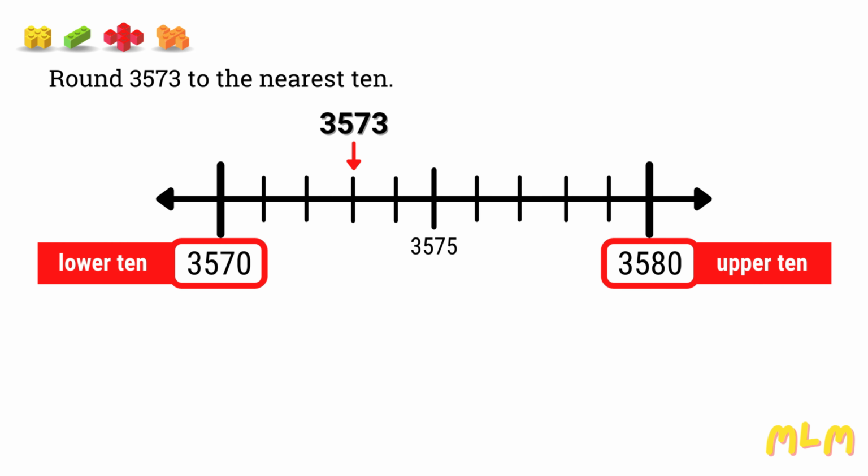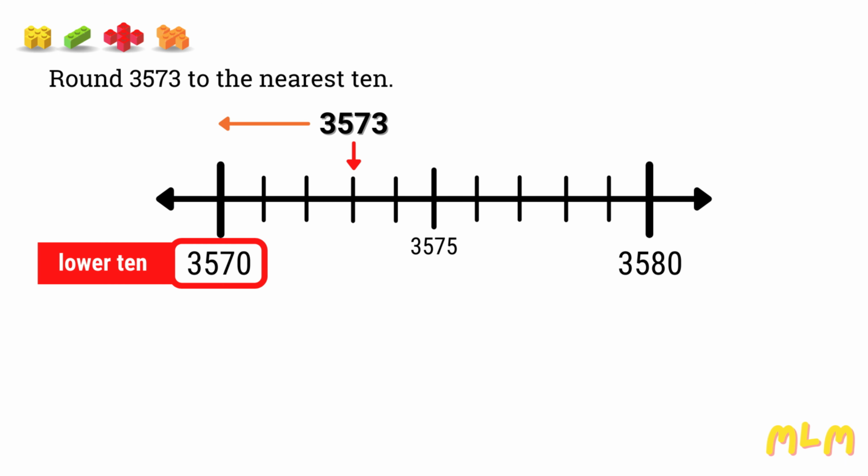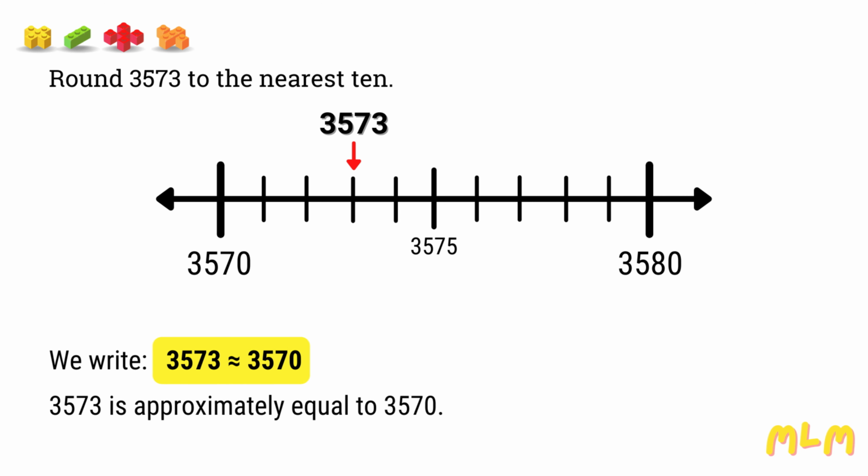Which 10 is nearer to 3,573? 3,570 or 3,580? 3,573 is smaller than 3,575 and it is nearer to the lower 10, 3,570. So we round it down to 3,570. 3,573 is approximately equal to 3,570.